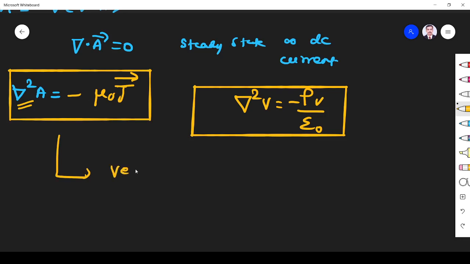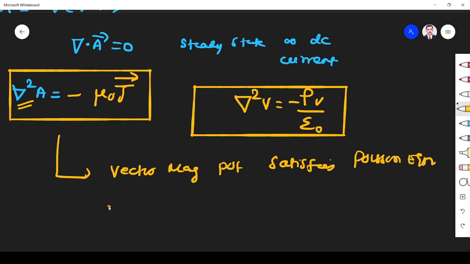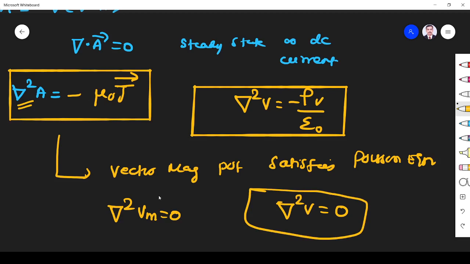Vector magnetic potential satisfies Poisson equation, whereas scalar magnetic potential satisfies Laplace equation, del squared Vm equal to 0. Similarly, scalar electric potential also satisfies Laplace equation. This we studied in electrostatics, and this we studied already in magnetostatics.